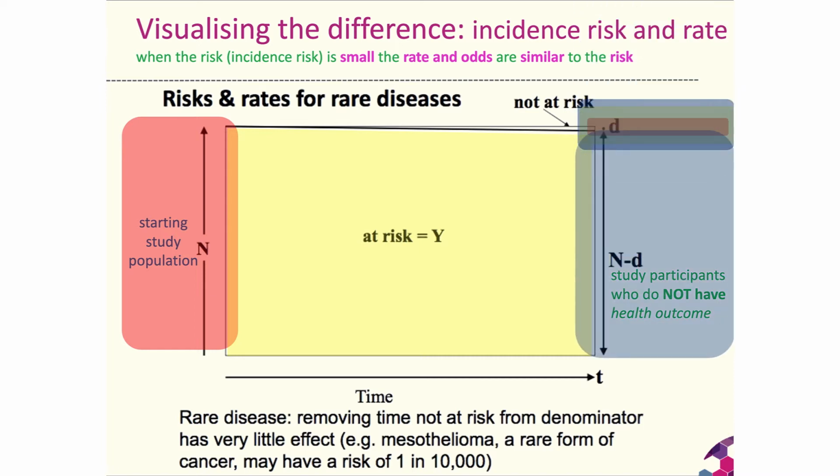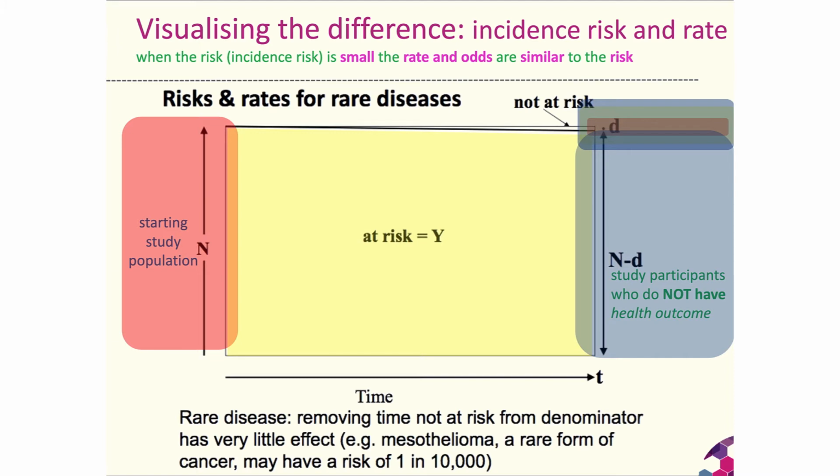And the same happens with odds. So what happens is that when the risk is very small, both the rate and the odds are very similar to the risk. So we can use them instead of calculating the risk. We can use rate and odds as a proxy measure for risk.